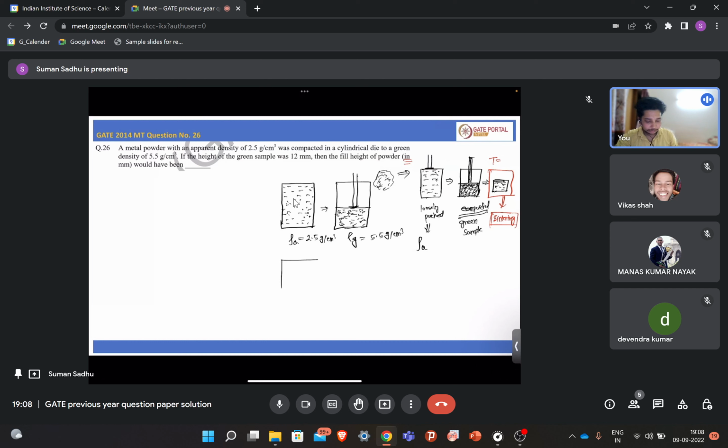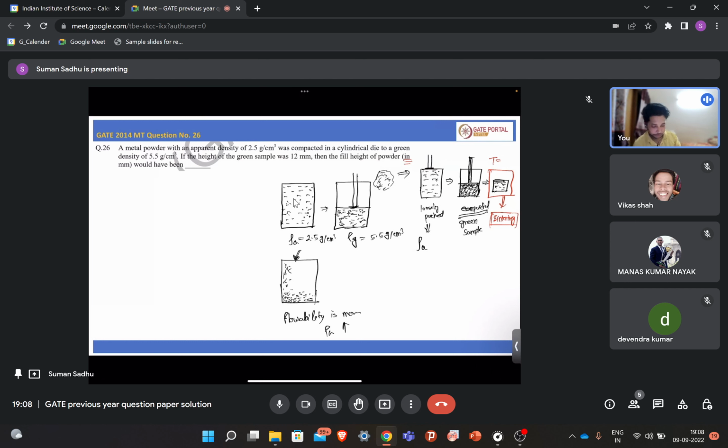Flowability means what? Let's say you are pouring this powder in a cylinder. If the flowability of the powder is good, it will automatically flow, meaning slide over each other, and it will settle in the compacted form already. So in this case your rho A will be higher. So if the flowability is more, rho A will be more.